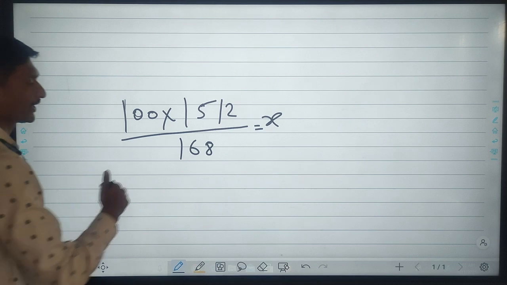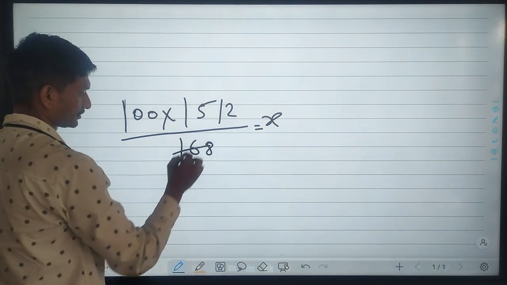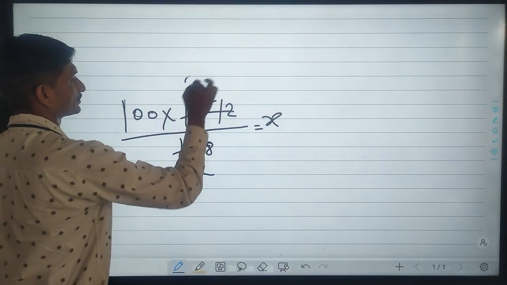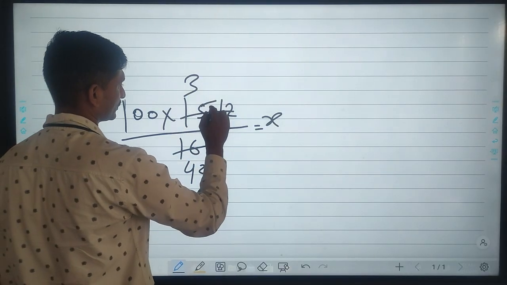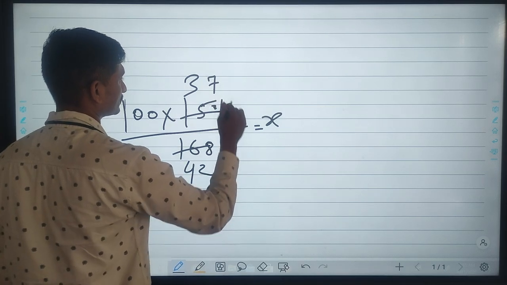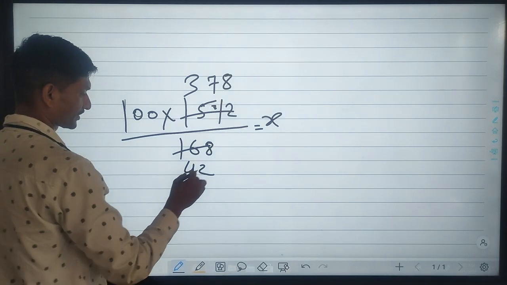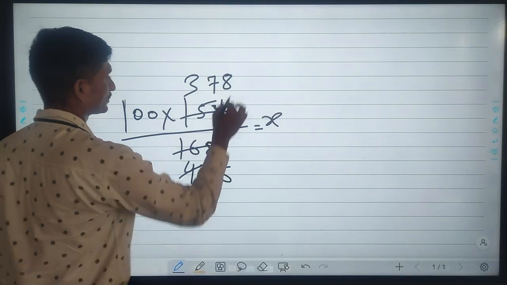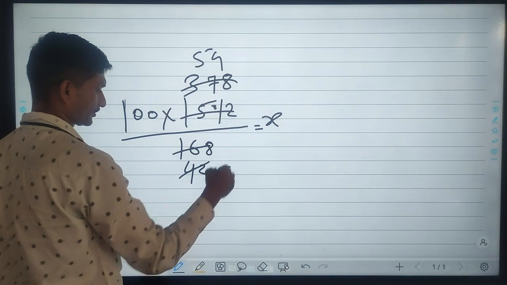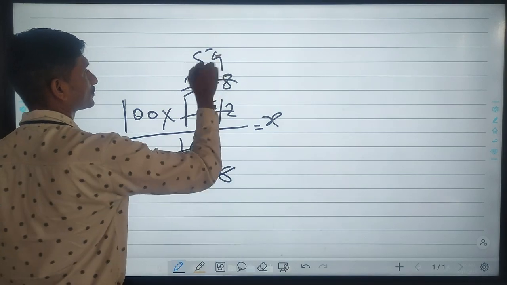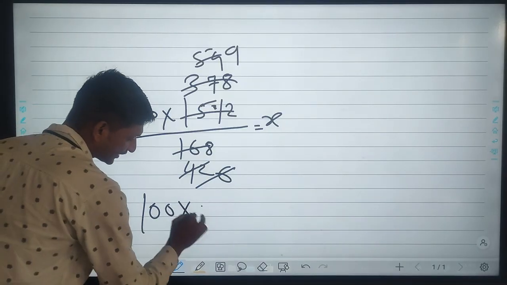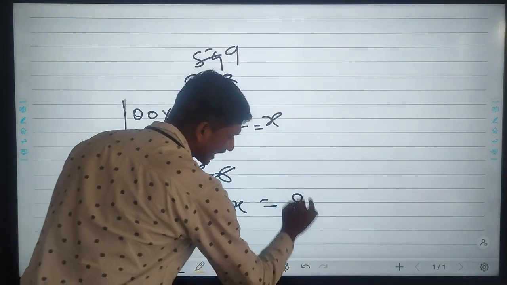Now here we get that remains 100 into 9, that is 900.